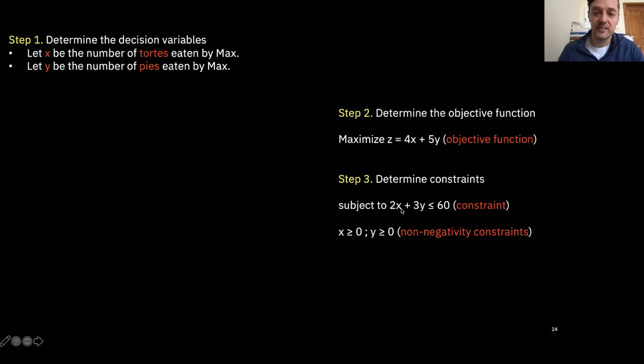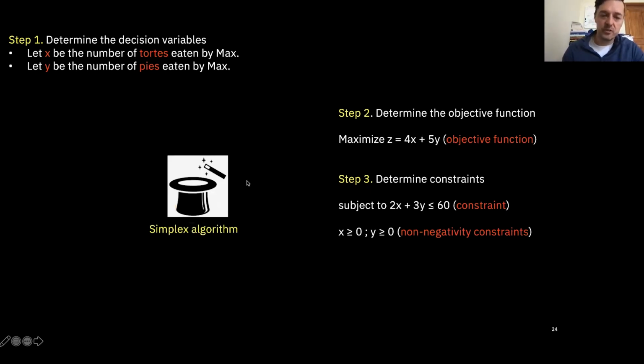So this inequation gives us some line on the two-axis space. And then we've got those non-negativity constraints, where you cannot have a negative number of items. So X is always bigger than or equal to 0, and the same with Y.